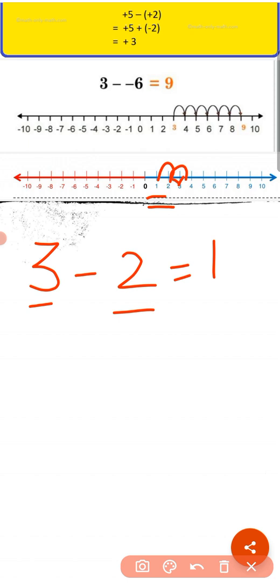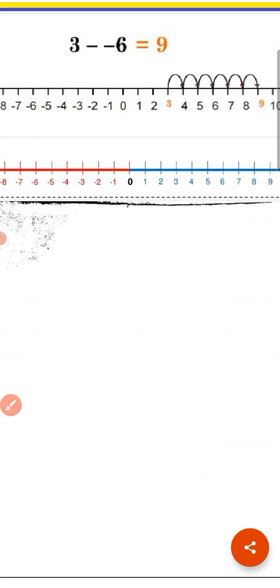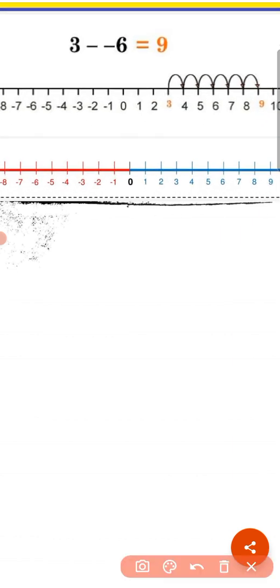Now next is 3 minus negative 2. Here we are subtracting a negative number or a negative integer.